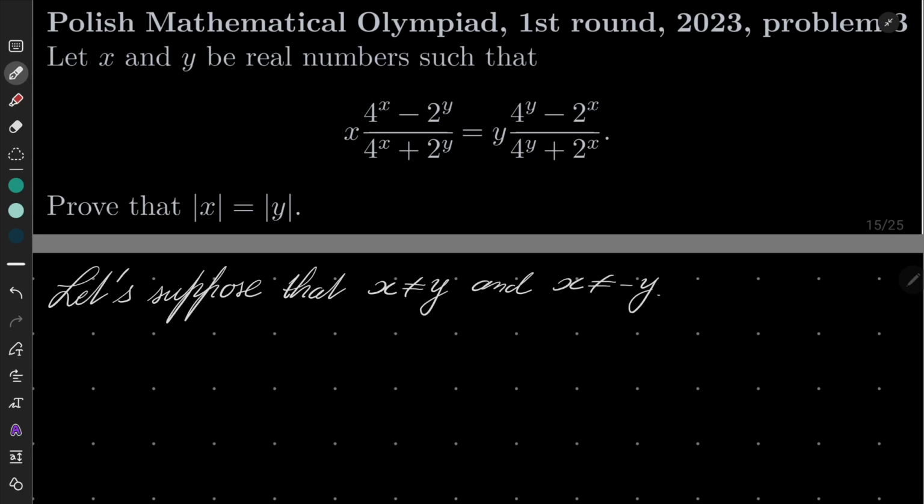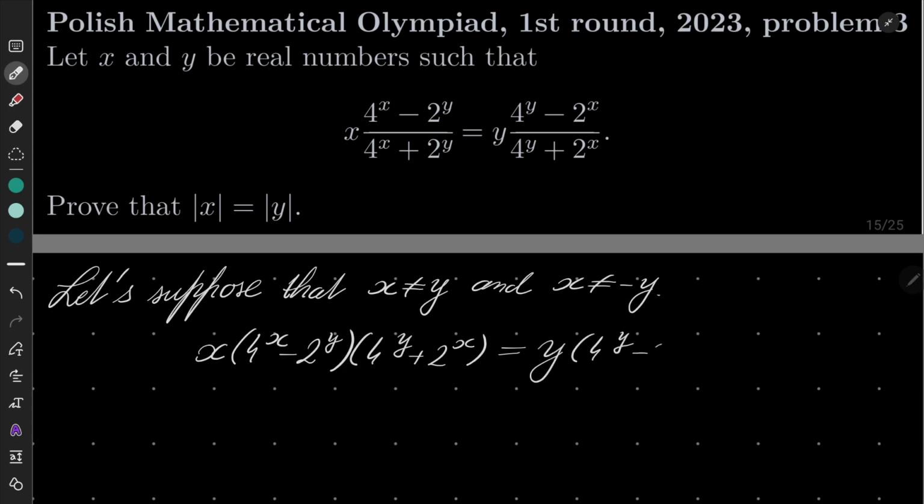So let's take our assumption and get rid of the denominators. So we have x times 4 to the power of x minus 2 to the power of y, 4 to the power of y plus 2 to the power of x equals y, 4 to the y minus 2 to the x, 4 to the x plus 2 to the y. And now let's multiply everything.